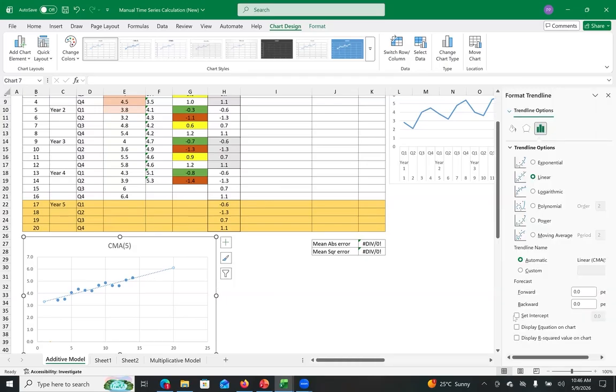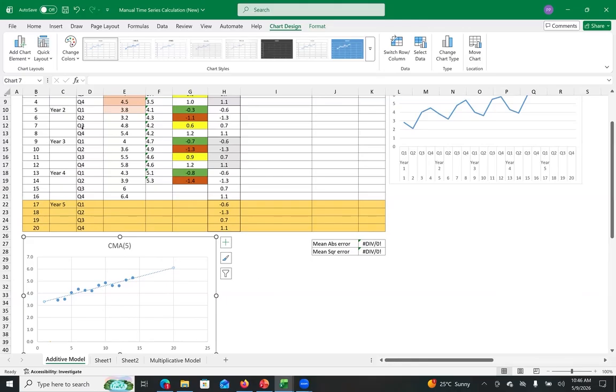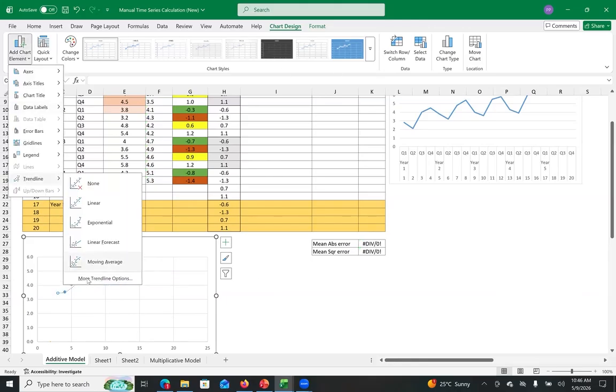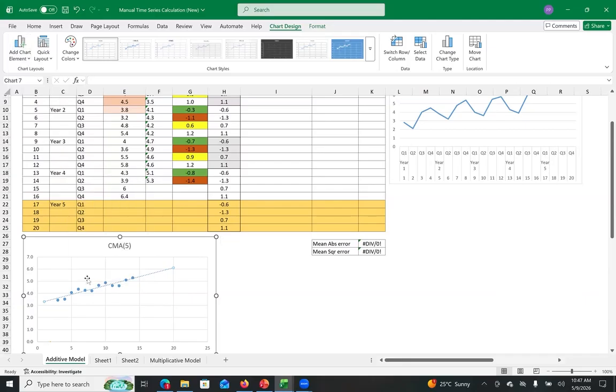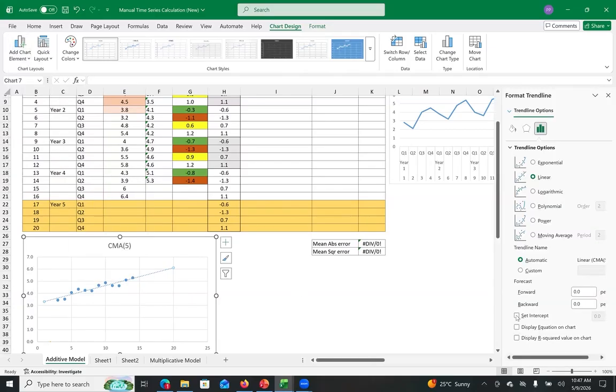then there is an option of display equation on the chart. This, right? If you have a problem doing it this way, go to chart element, trend line, and there is an option of more trend line options. Just click on that, more trend line options, and click on display equation on the chart.